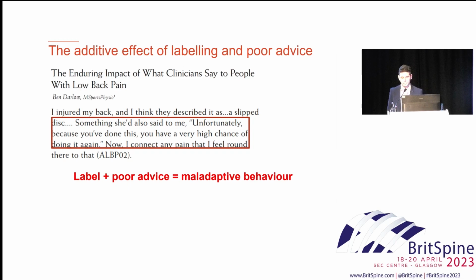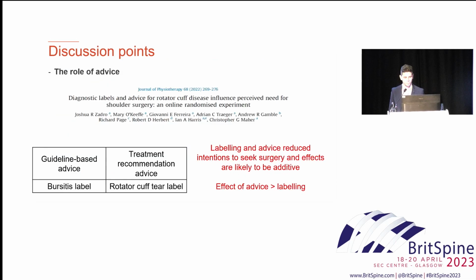Now, in that quote from the qualitative study that I presented earlier, we had a combination of a label plus poor advice, which generated a maladaptive behavior in that patient, right? We examined the effect of labeling and providing advice in a slightly different population, people with shoulder pain.